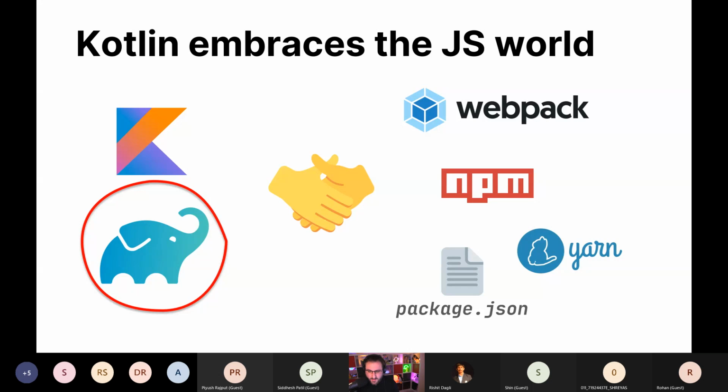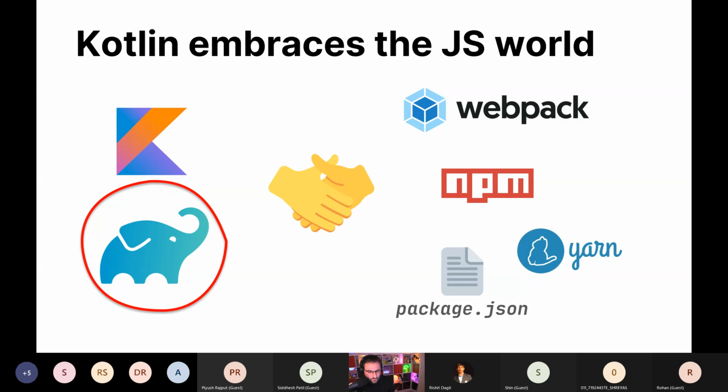And the great thing is that as a Kotlin developer, I understand Gradle. Well, I'm not sure if anyone actually understands Gradle, but I have enough of a basic understanding that I can use Gradle on a regular basis. And the great thing is that the little elephant we can see here really is our ally in the context of Kotlin JS as well.